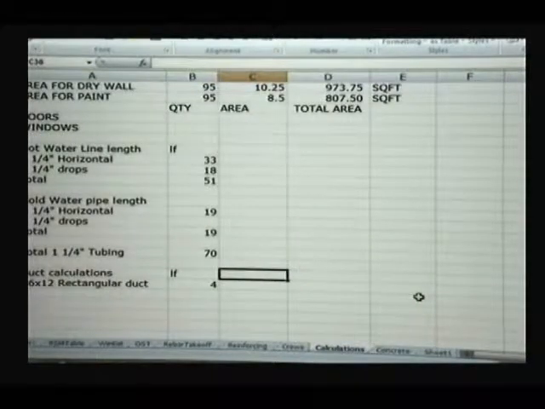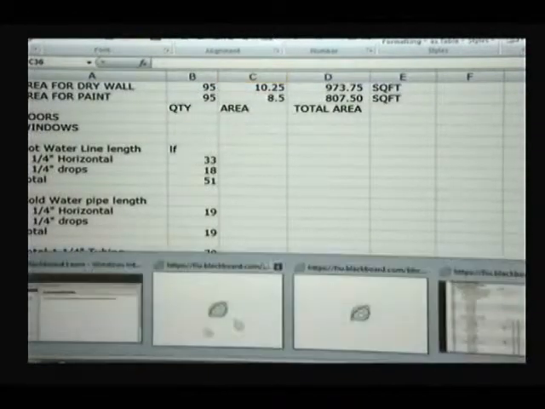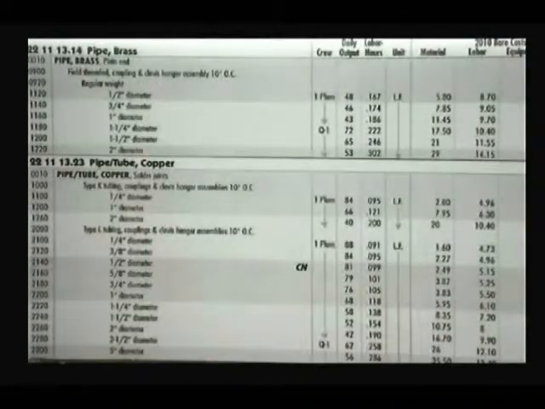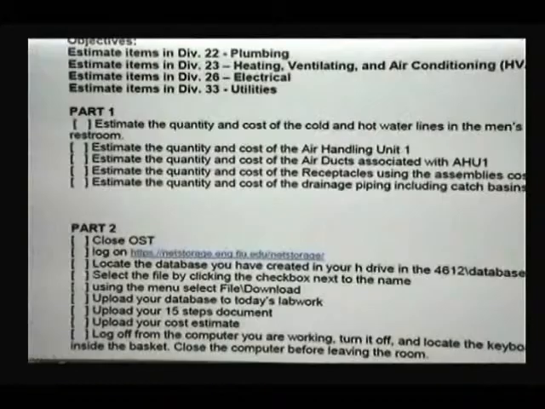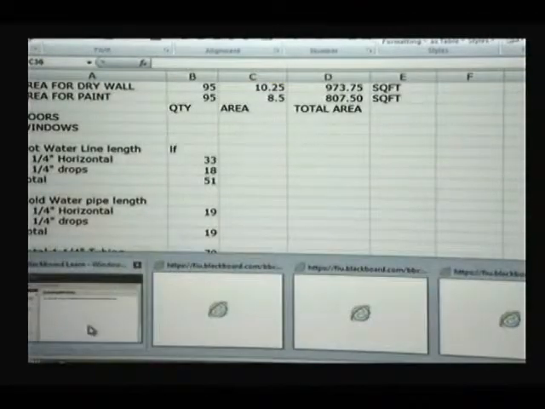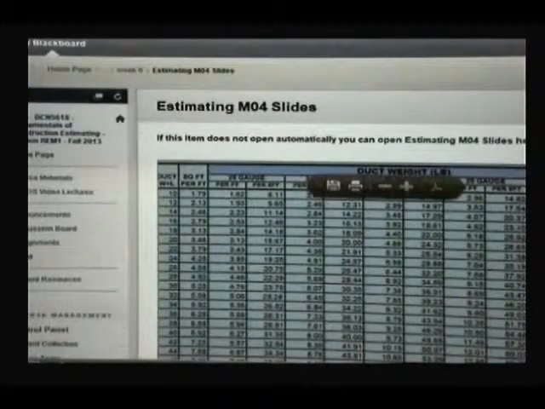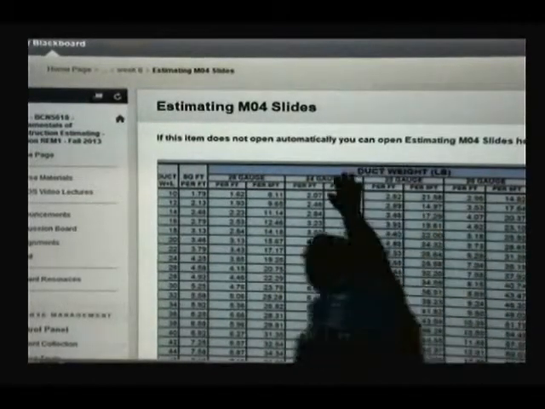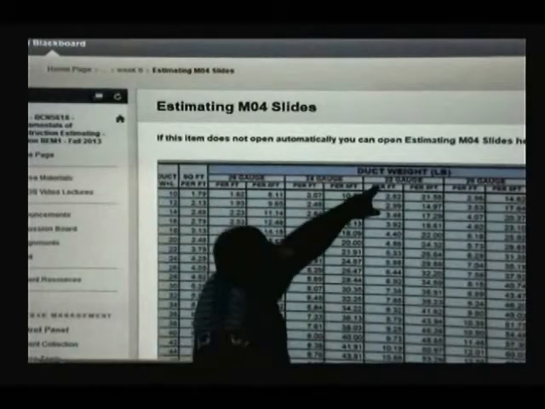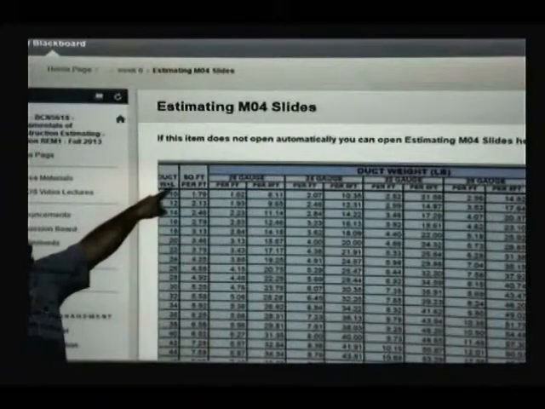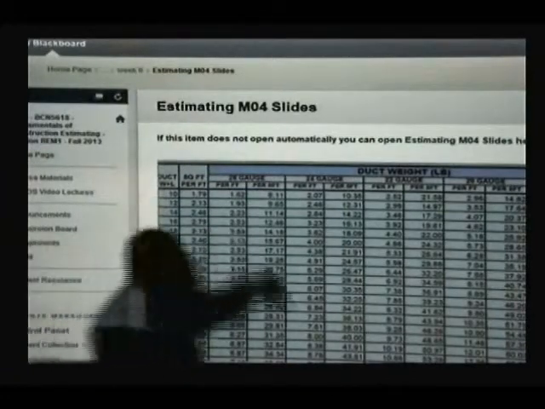And then I need to find these dimensions. Where is my blackboard? Okay. So I need the slide that helps me to calculate the duct weight, asked for L plus W, right?